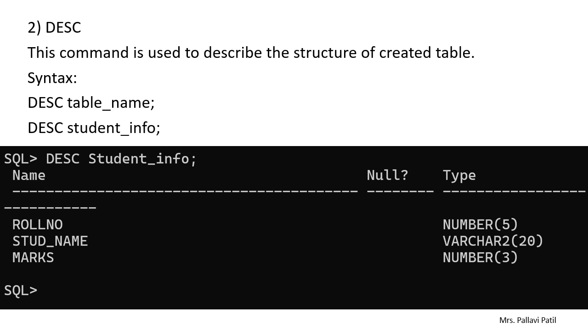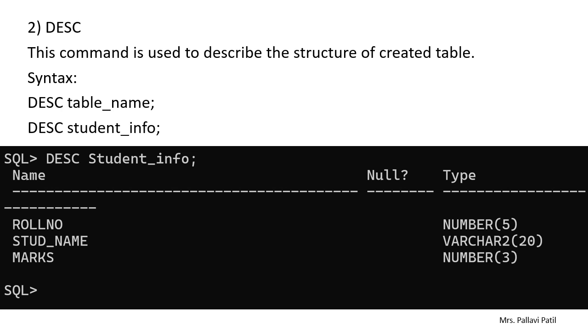After creating the table, the next command is DESC, that is, the describe table command. This command is used to describe the structure of the created table. The syntax for this command is DESC table name. After DESC you need to write the table name for which you want to see the information.